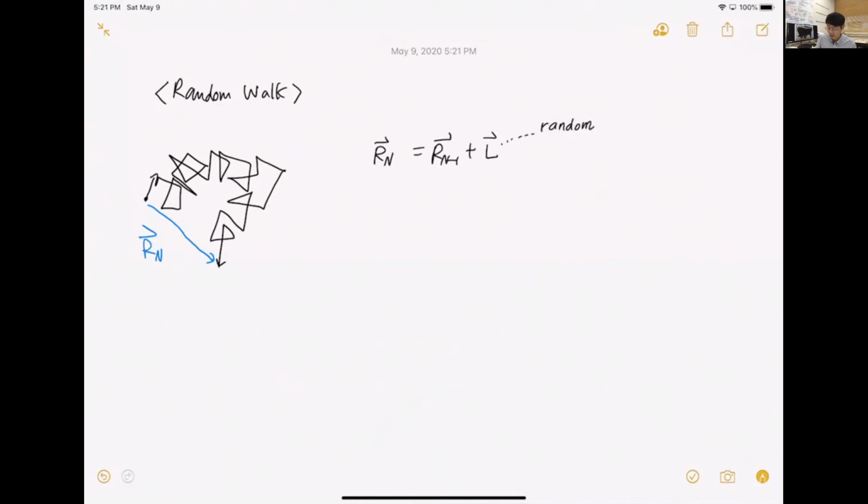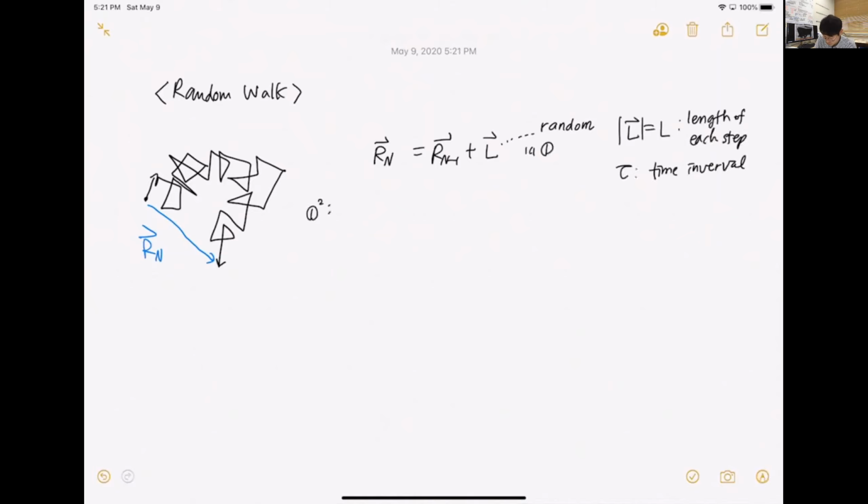Okay, and the length of this vector should be L, a constant length of each step. Of course, tau is the time interval. Just to make it easy, let's assume tau is the same. So from this, let's square this equation.